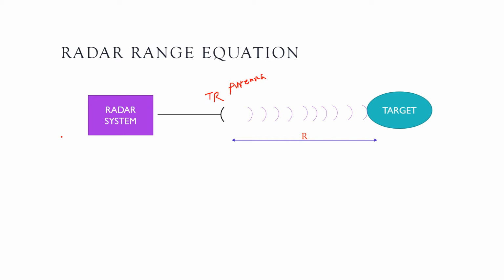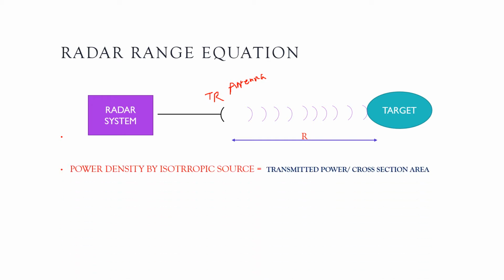Next, first, the power density of an isotropic source. Everyone knows about the isotropic source. An isotropic source is a source of an electromagnetic or sound wave which radiates the same intensity of radiation in all directions. That is why it is called isotropic.